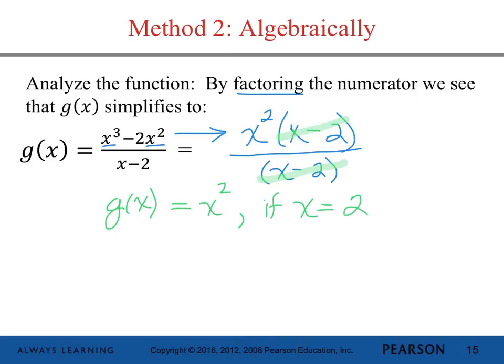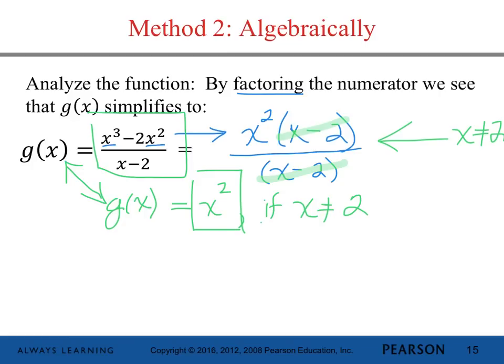Because in this function, x can be 2, but in this function, x cannot be 2. So g of x, written this way, is equivalent to g of x written this way, as long as we make this restriction.